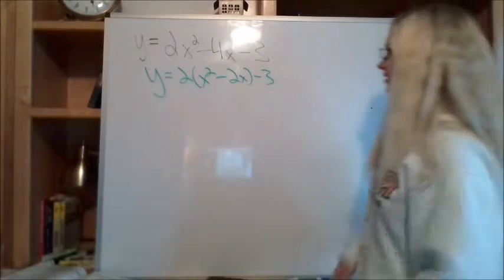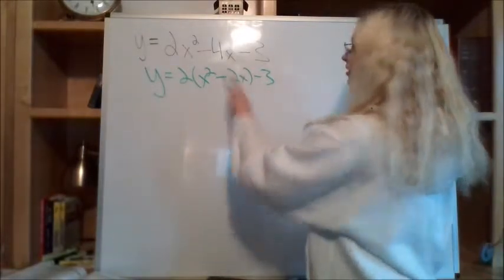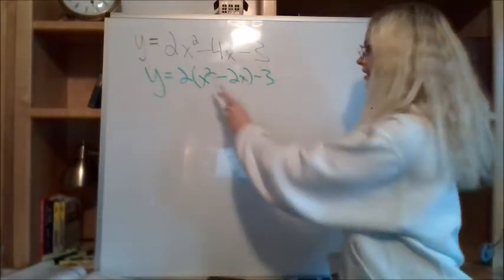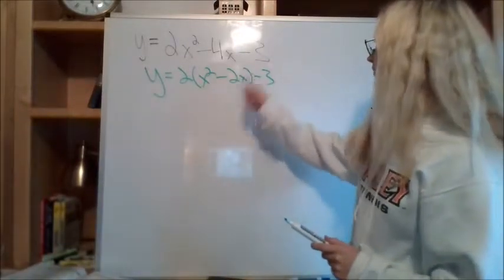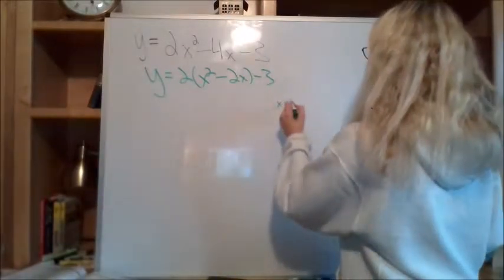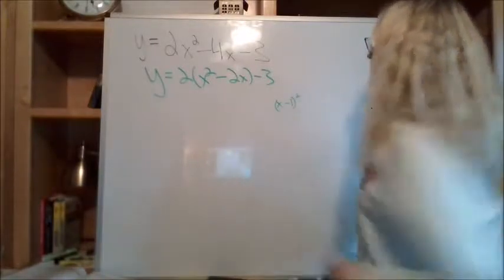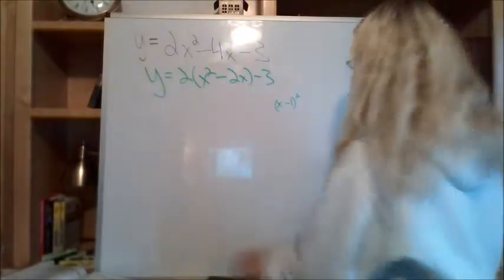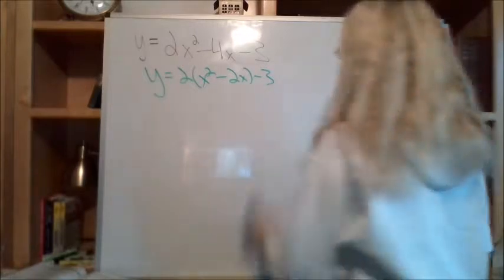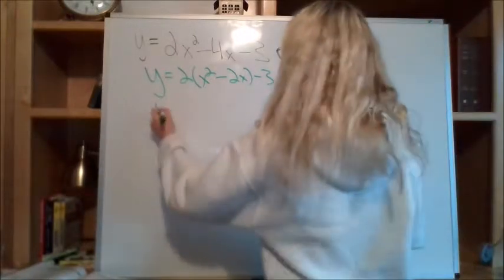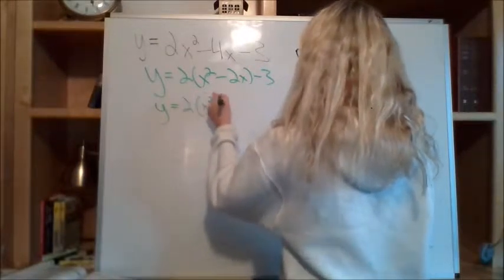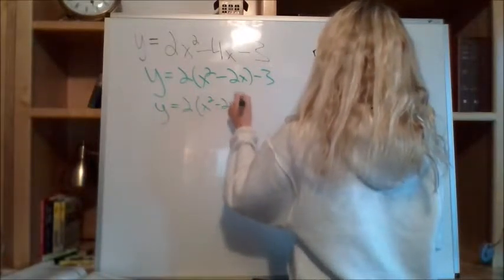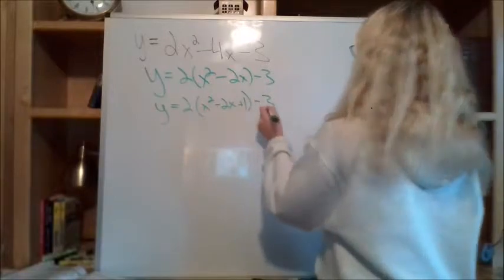And so next, I want to think about how I can complete this square right in here. So let's think. If I added a 1 here, we could do x minus 1 squared. So if we add a 1 in that parentheses, x squared minus 2x plus 1 minus 3.